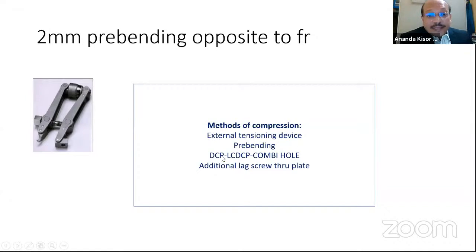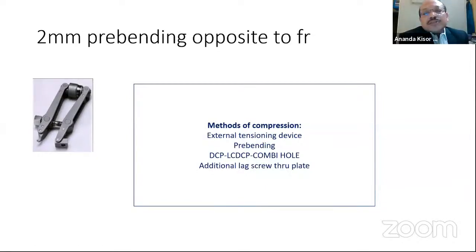Another is pre-bending. If a 2 millimeter pre-bending is done opposite to the fracture, and near screws are placed just on the side of the fracture, then compression occurs first on the far cortex, then on the near cortex. Otherwise, without pre-bending, once we give one central screw, a neutral screw, and another eccentric screw, what happens?